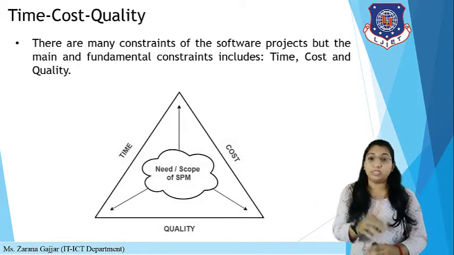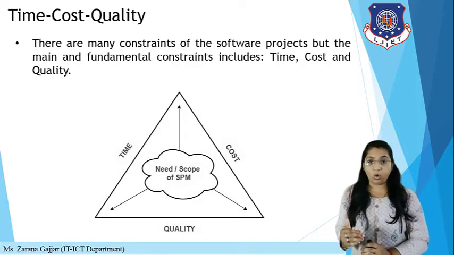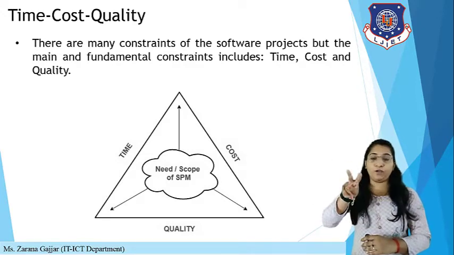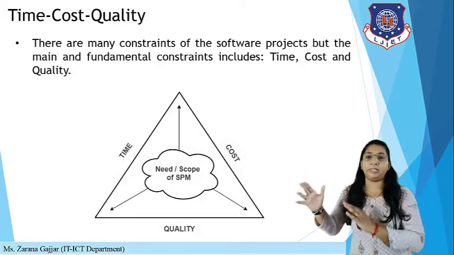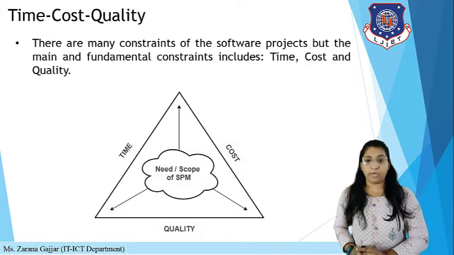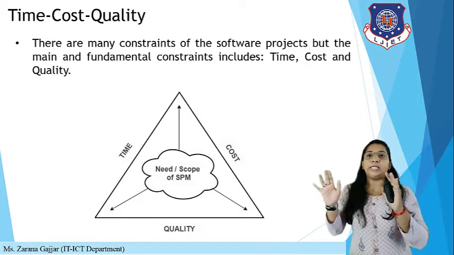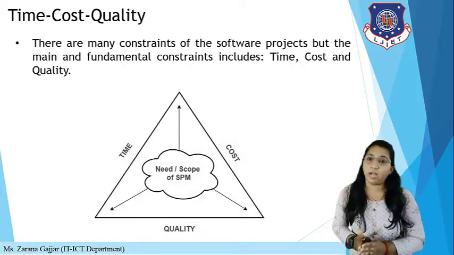So time and cost are there, and a good quality software, that is quality. Any one of the two factors directly affects the third one. If you are measuring time and cost, that will directly affect quality. All three are the main fundamental constraints of any software project.